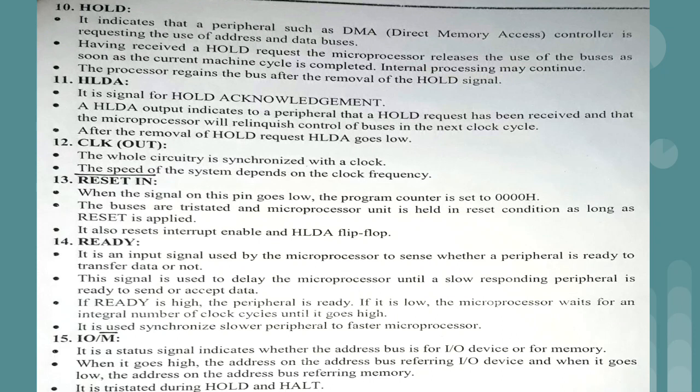Whenever the DMA controller wants attention, the hold signal is set, because of which the microprocessor will come to know that DMA wants to access some memory, or wants to use the address buses as a data bus. Some information or signal is given because of hold.